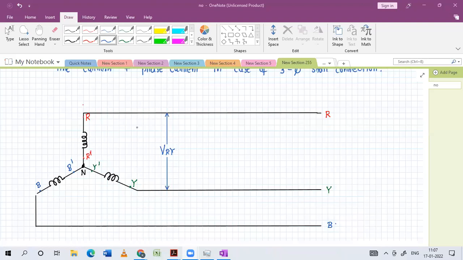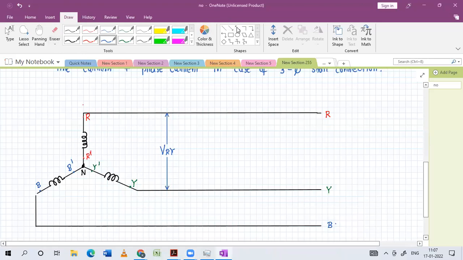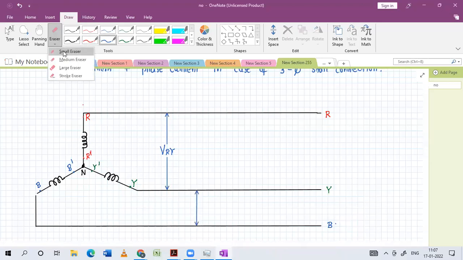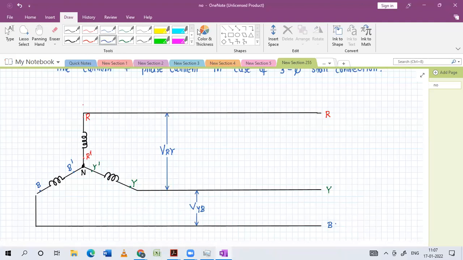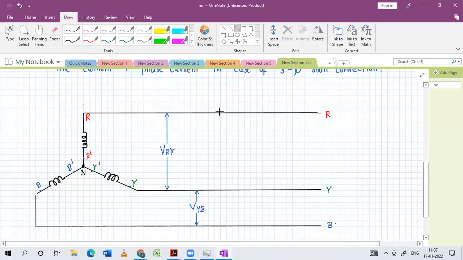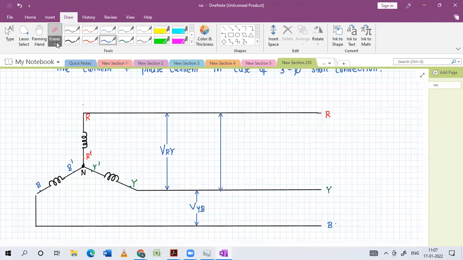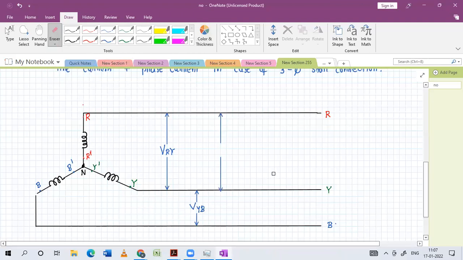Now, in the same way, here I can say this is the Y and B phase, so here I can write VYB. And now the third one is VBR.